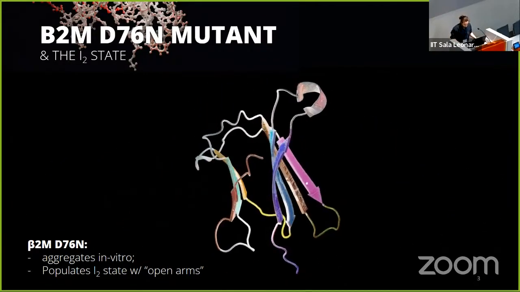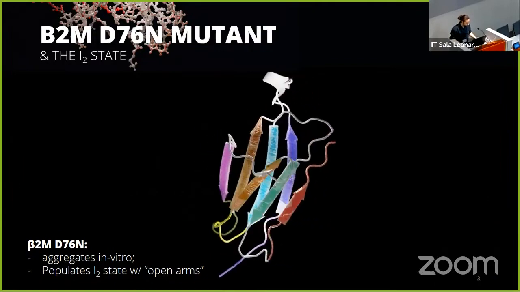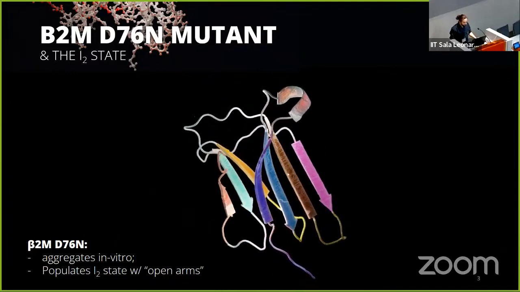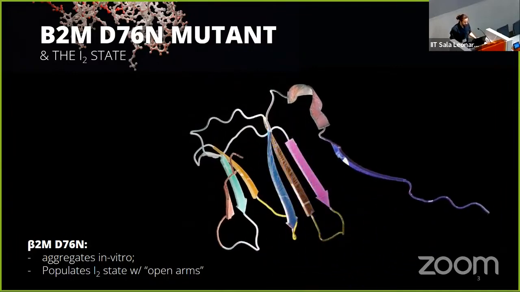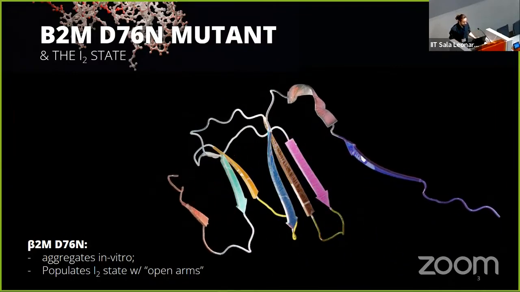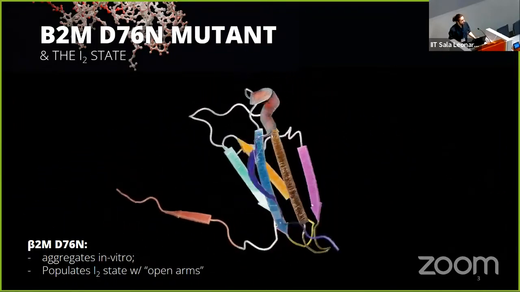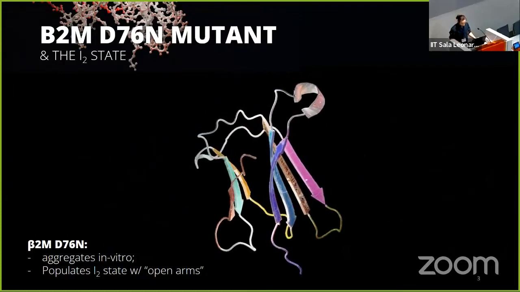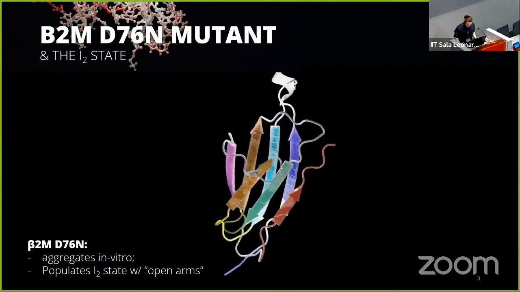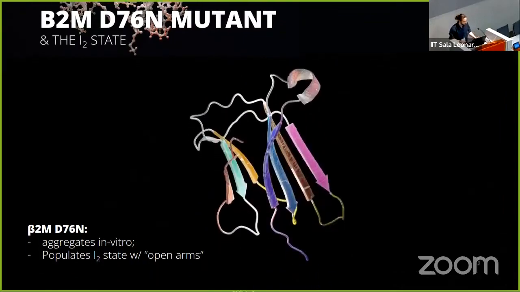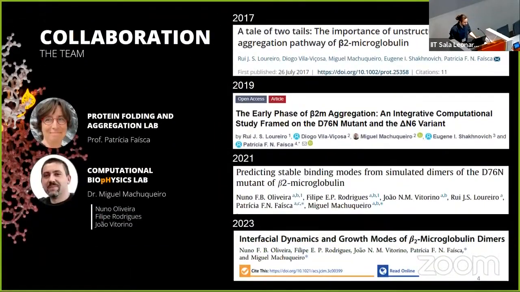This mutant tends to populate a particular intermediate state called I2, where both the N and C termini detach from the core of the protein, exposing the more hydrophobic residues, and that leads to a higher propensity towards aggregation. This was actually studied as well in collaboration with another group at our faculty, the group of Professor Patrícia Faísca.